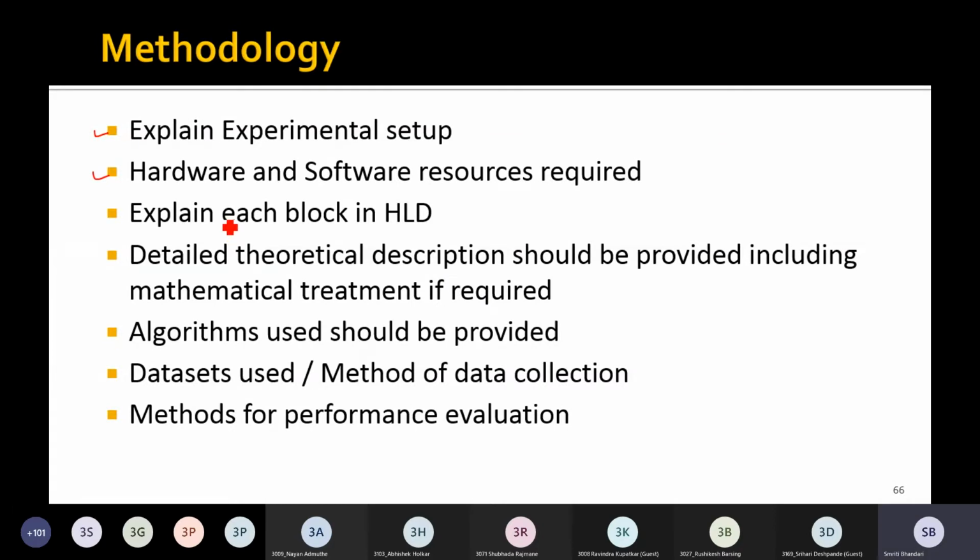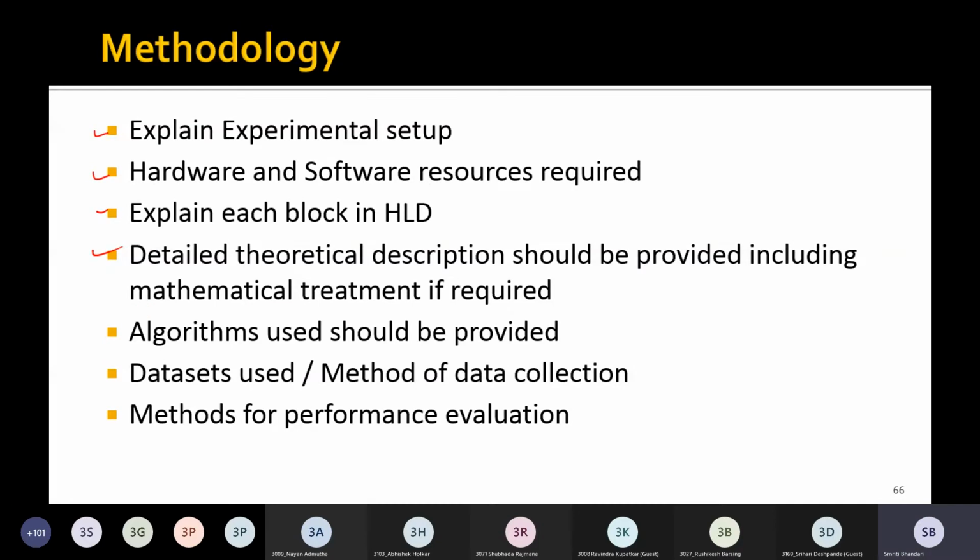Now in the design, you have provided the high level design using some block diagram. In methodology, explain each block of your high level design in detail. Then detailed theoretical descriptions you should provide. If any mathematical treatment is required, then provide all those mathematical expressions.